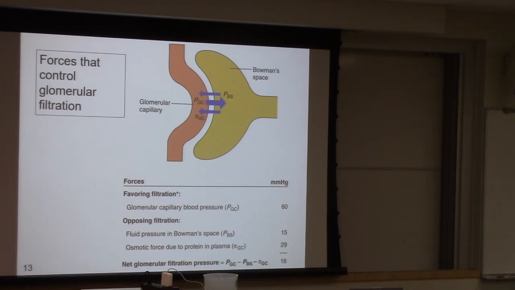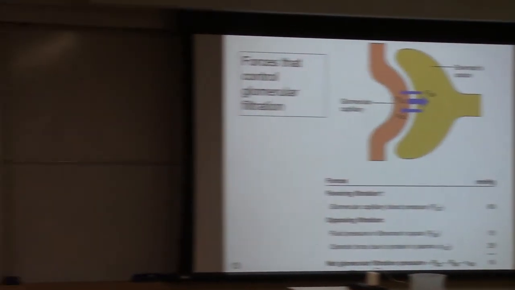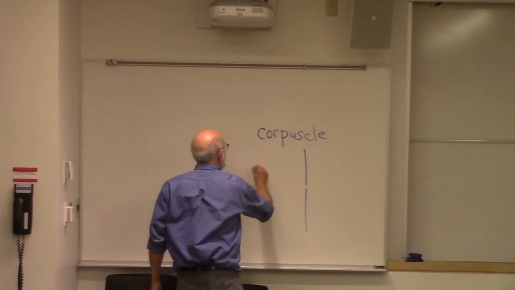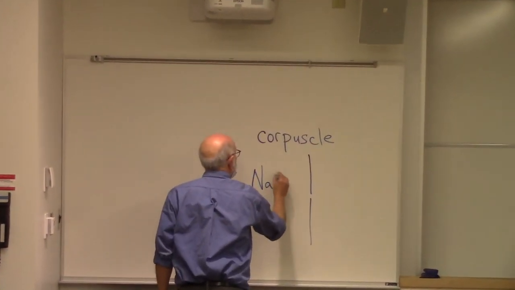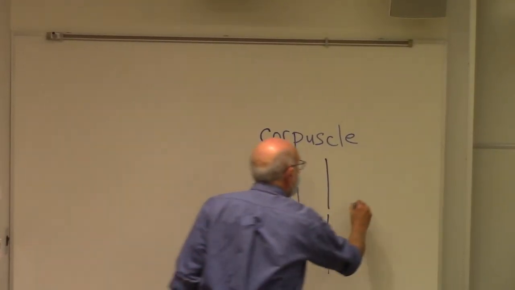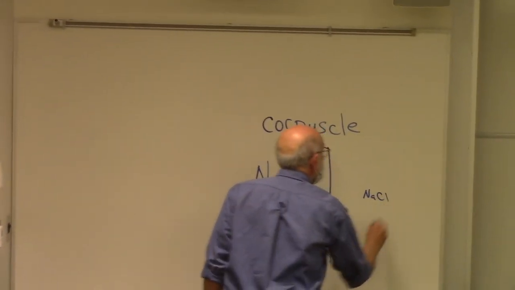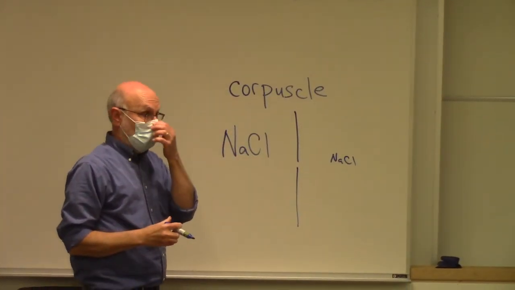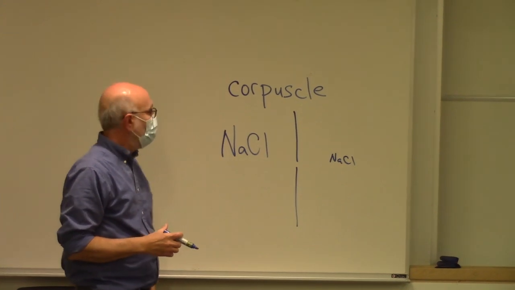So if we have a membrane that is permeable, that's what the hole illustrates here, and we have a high concentration of sodium chloride, some solute, on one side, and a low concentration of sodium chloride on the other side. Now this is not a channel, this is a hole that allows water to flow.